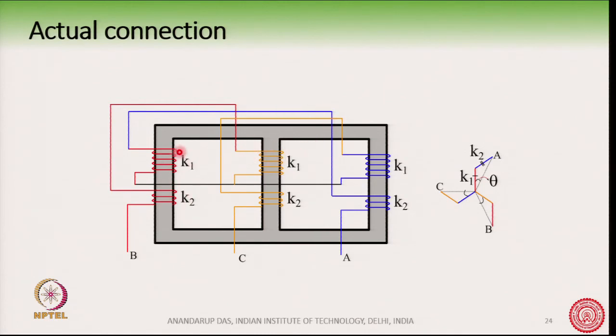We have done this K1 and K2 split for R phase, B phase, and for all three phases A, B, C. Now we can interconnect as per this diagram, and then we will see that we get the required phase shift between the primary and secondary side of the transformer. This is the secondary side, we have not shown the primary side. These are the secondary winding connections, now connected in a zigzag fashion. So, this is how we actually do the connection.